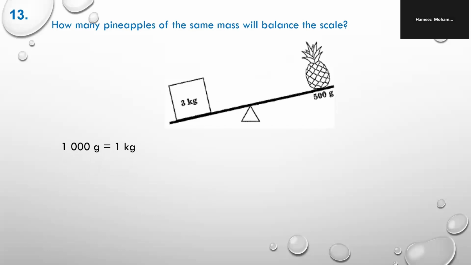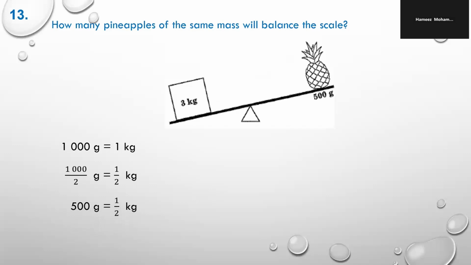And therefore, what about if we cut each side in half? So 1,000 divided by 2 is the same as 1 divided by 2 kilograms. 1,000 divided by 2 grams, 2 into 1,000 is 500 grams, and that's the same as half a kilogram.